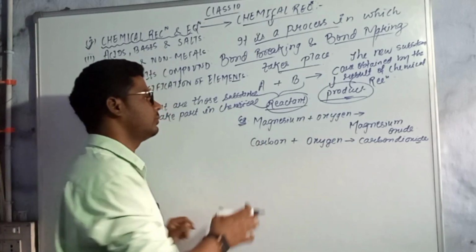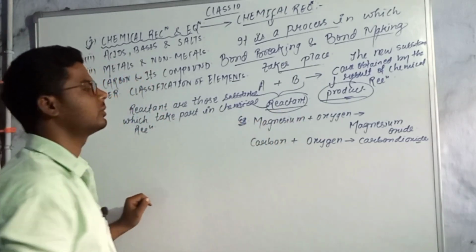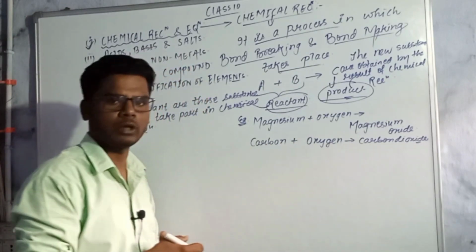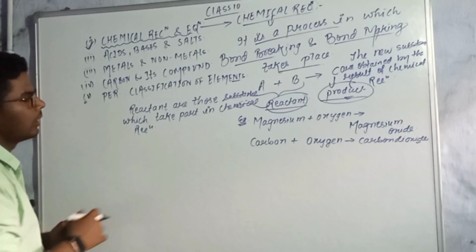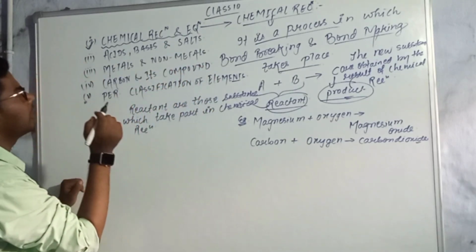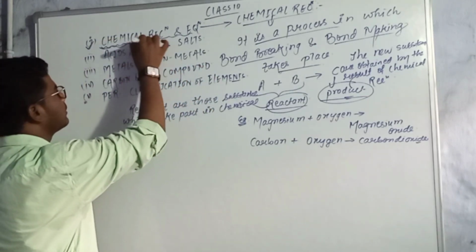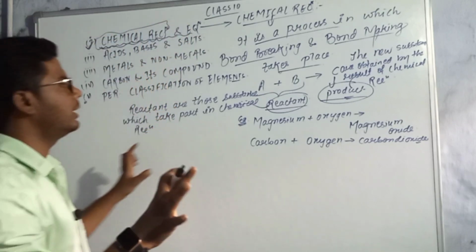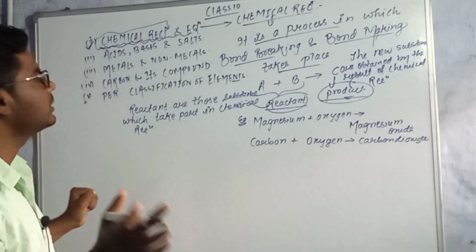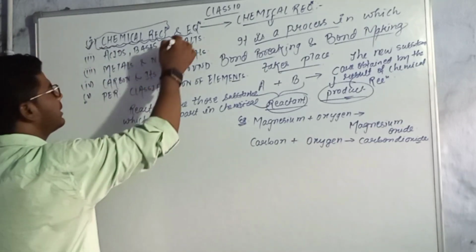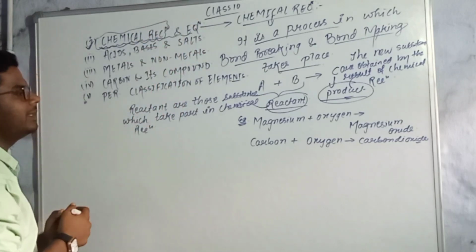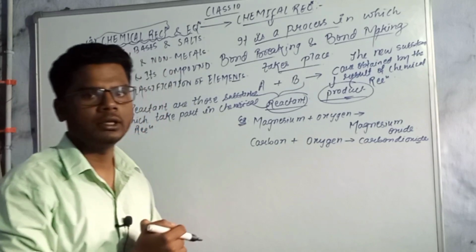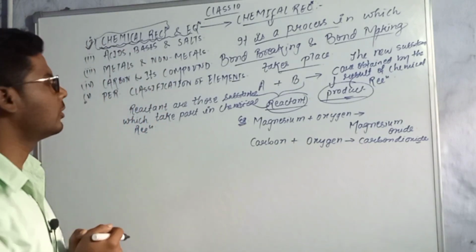These are two examples of chemical reactions. Now, when we talk about the name of the chapter, we know what a chemical reaction is. हम लोग सभी जान चुके हैं कि क्या है केमिकल रिएक्शन. But the second is chemical equation. What is a chemical equation? The second question arising from the name of the chapter is: what is a chemical equation?